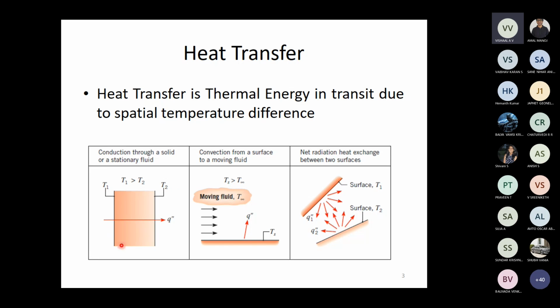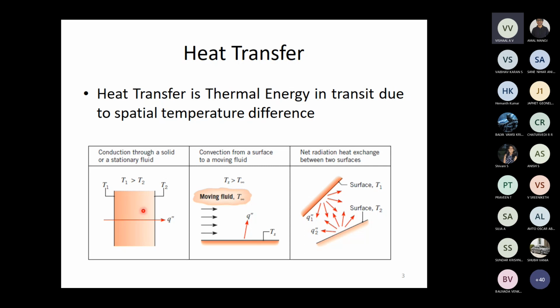Usually when we talk about a wall in a room, we can cite this example: high temperature on one side, low temperature on the other side. But sometimes we'll also have a stationary fluid here. For example, have you heard of double pane windows?